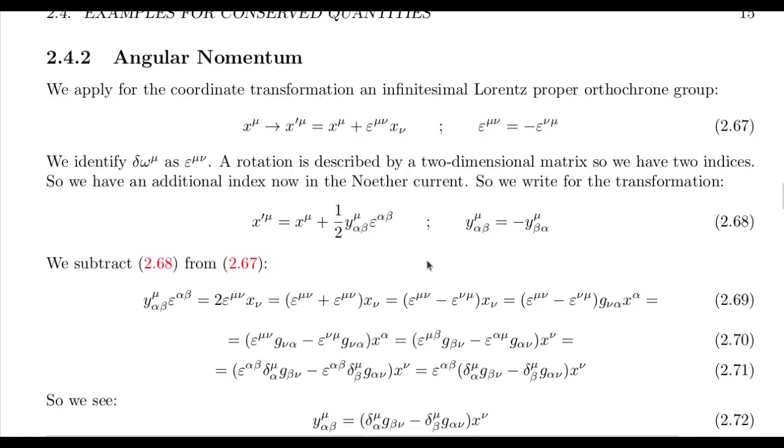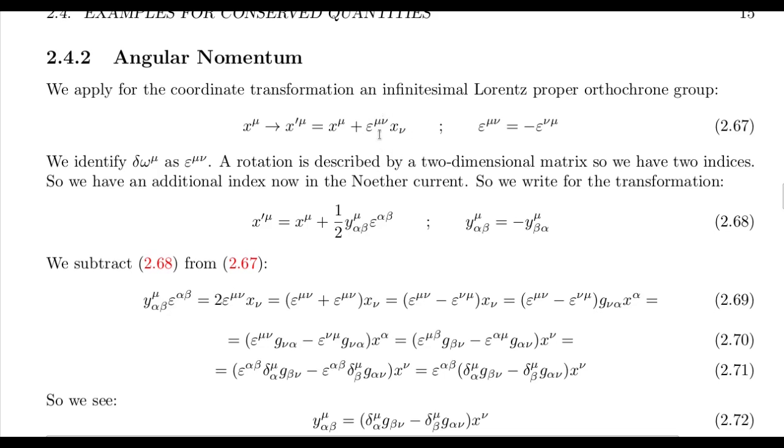And now we subtract here 268 from 267, and then we have the two expressions here. We have the expression with y and epsilon here, and we write the factor 2 to the other side.